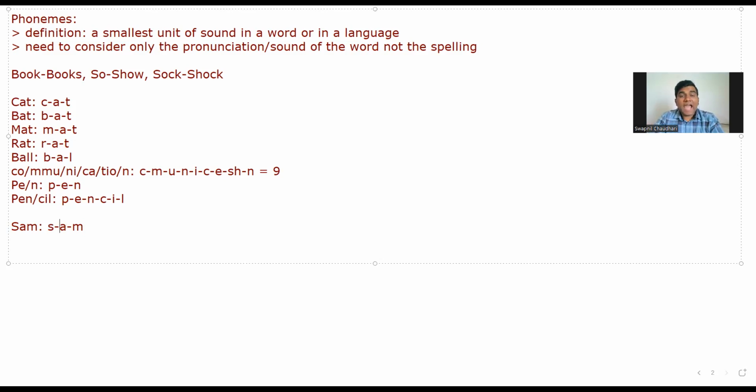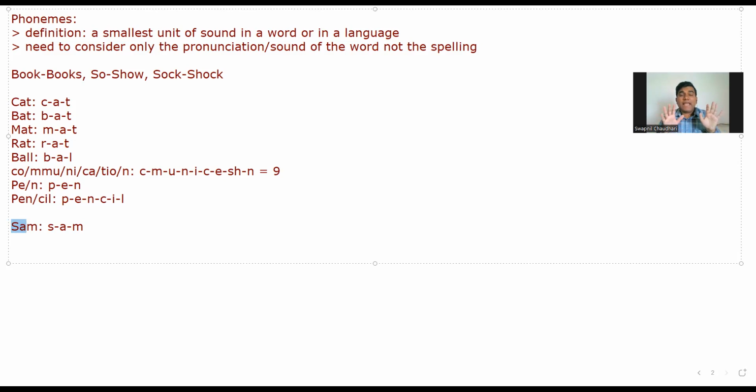Similarly, we have the "a" sound. Can you separate any other sound from this? "A"? No, it is already the base sound. And "ma" cannot be separated. It is also the base sound. So with the first part, "sa", can we separate any sounds?